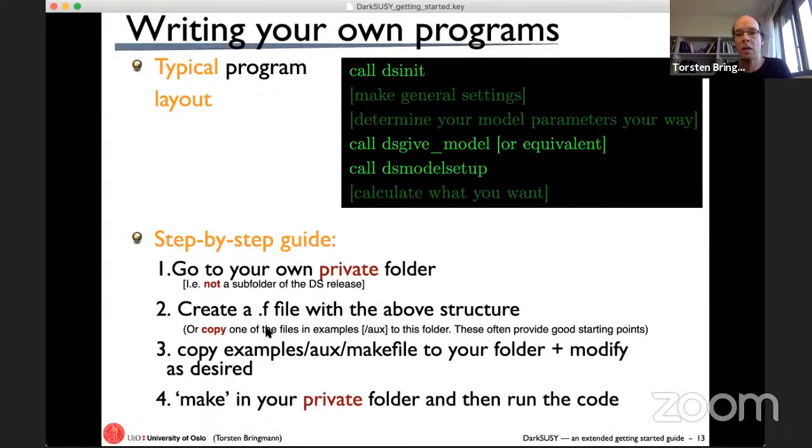Then you can copy a makefile from one of the makefiles that we provided, in particular in this folder here, because it's much simpler than the generic makefile for the DS main WIMP. Then you just have to adjust the names of the program that you have written, and then you can just type make in your private folder and run the code.